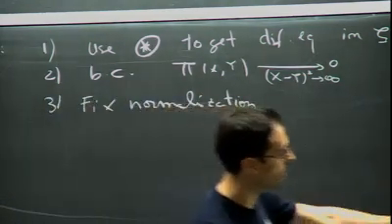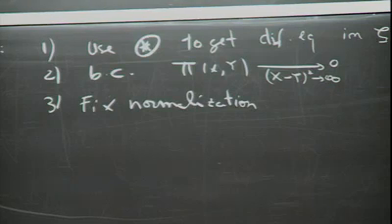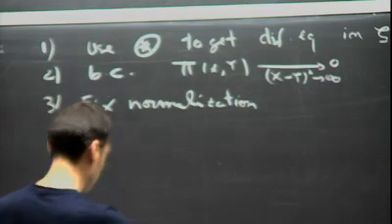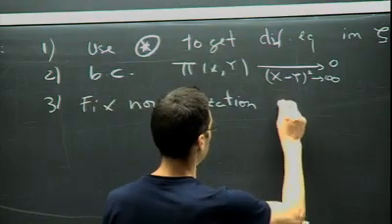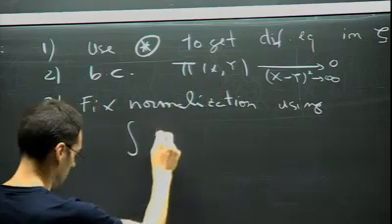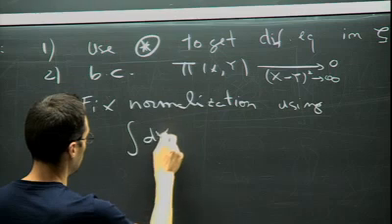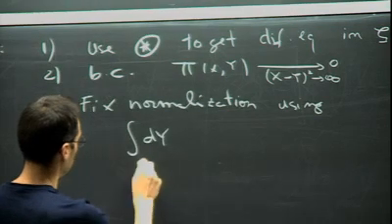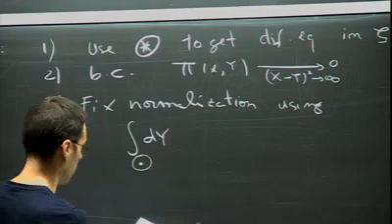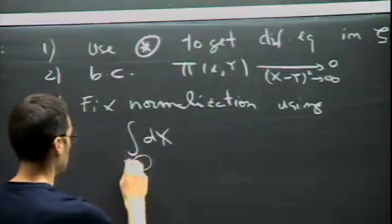Of course the propagator has some normalization because it satisfies an equation with a delta function. So you just have to integrate that equation on x, of course, around the point y.